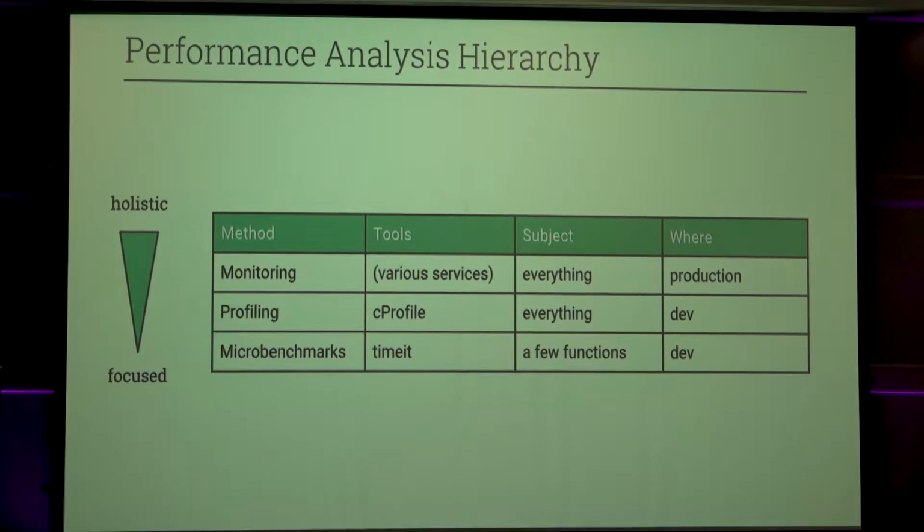Micro benchmarks is when you're timing the code, like we were in an IPython notebook with timeit. The micro benchmark is going to tell you how fast that piece of code runs, but not necessarily what in that code is slow. So profiling lets you compose a bunch of stuff together and figure out where you need to optimize, where these micro benchmarks might come into play or might be useful.